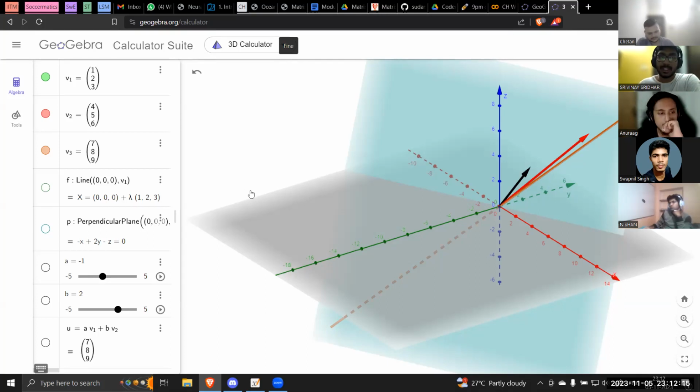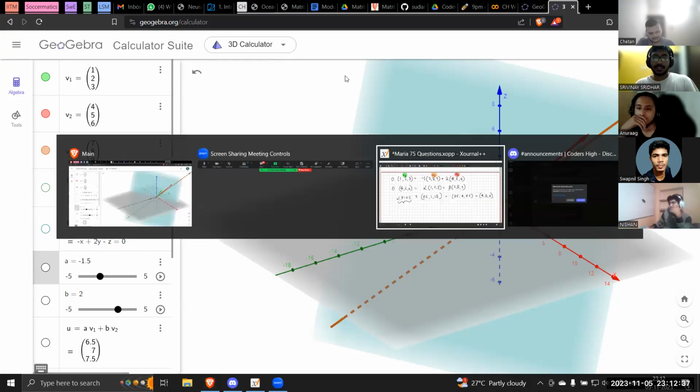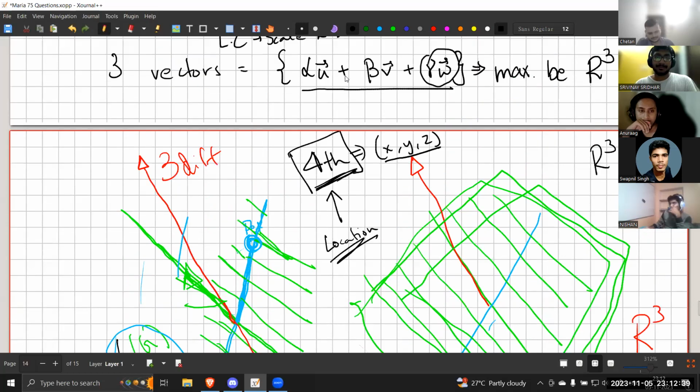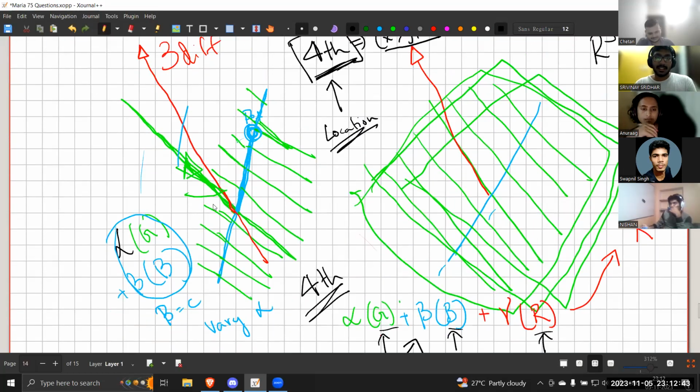So -1 times 7, 8, 9 plus 2 times 4, 5, 6. For each change in this, you're actually going to reach a new point on that plane, right? You're going to reach a new point on that plane. Think about this. When I was showing you this, I'm sorry if it's very messed up right now, but initially I had an entire line, right?